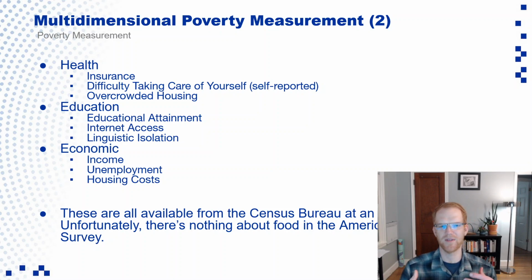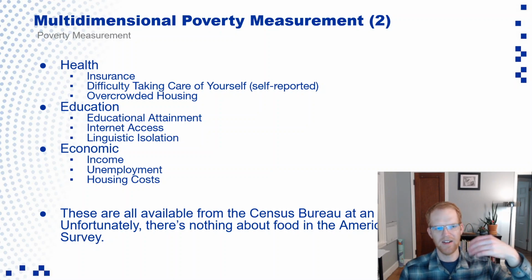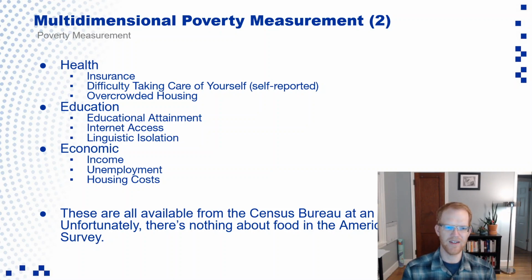We could also, of course, if we were adopting a multidimensional poverty index, design a survey or add to an existing survey in order to better capture some of these ideas. And then aggregation: there are multiple ways to aggregate, but one that actually works surprisingly well is to say, okay, I've got these 9 indicators. I'm going to make them binary indicators.